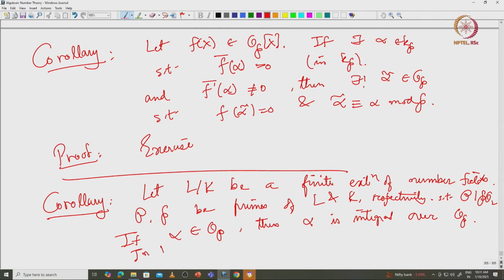In particular, the trace from L_P to K_p of alpha, and the norm from L_P to K_p of alpha, are both in O_p.